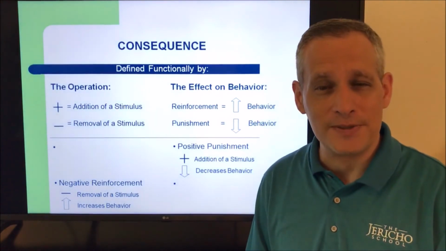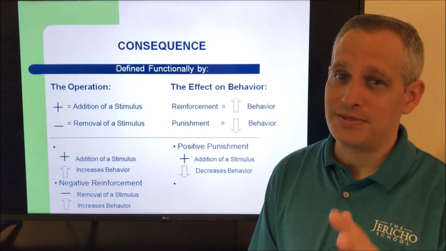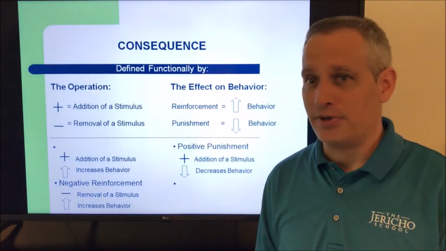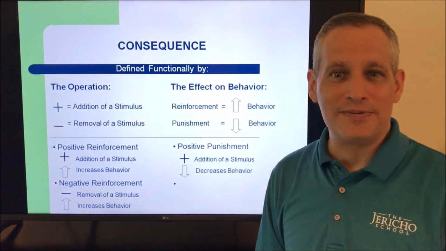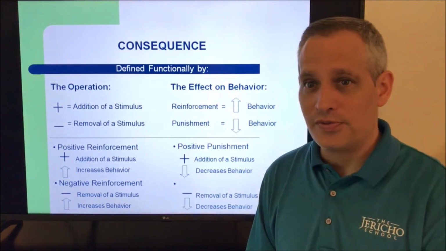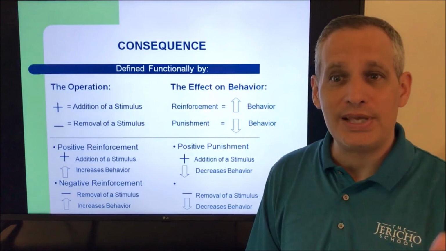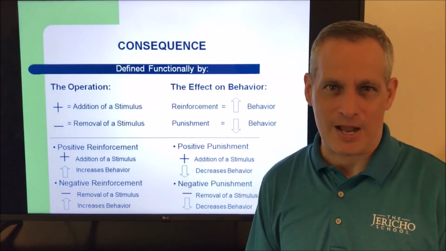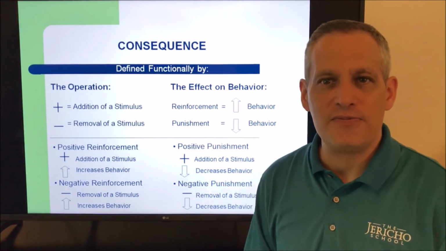That's negative reinforcement. If there was addition of a stimulus to increase behavior, addition is positive and increased behavior is reinforcement. And if there was the removal of a stimulus to decrease behavior, removal of a stimulus is negative and decreased behavior is punishment. And so that would be negative punishment. So that's how we figure these things out, and that's how we functionally define these terms.